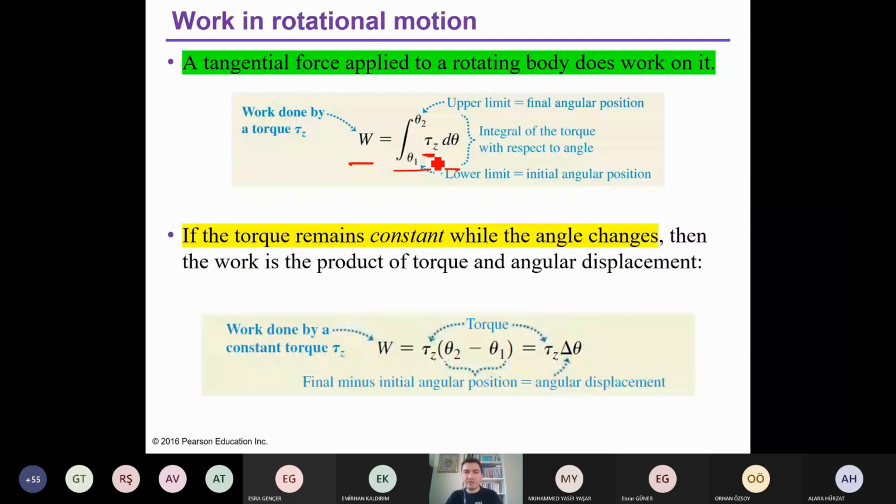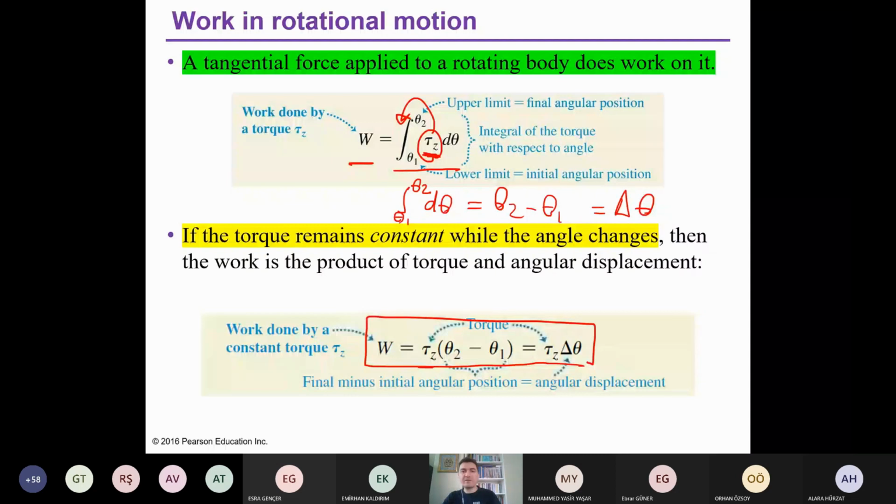Then you can take this torque out of this integral, and if you solve this integral, lower limit theta 1, upper limit theta 2, d theta, it is equal to theta 2 minus theta 1, or delta theta. So this is the solution of this integral, and then work can be written in this expression, torque times delta theta, if the torque is constant.